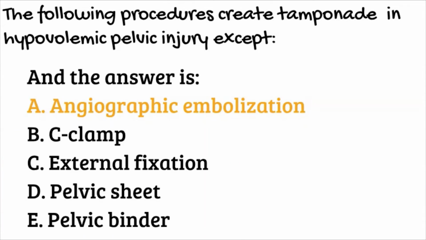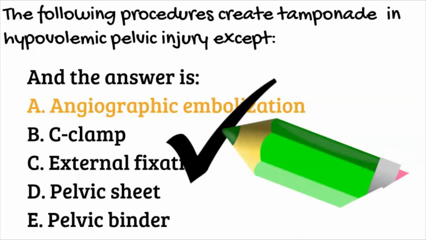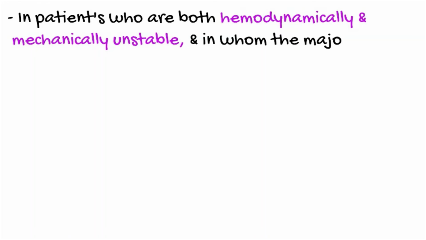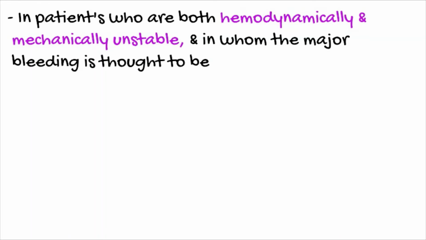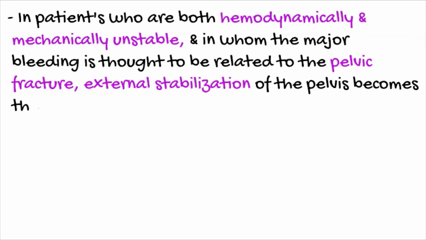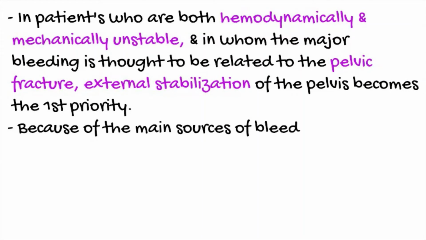Angiographic embolization. Now let's get to know a bit about each procedure. In patients who are both hemodynamically and mechanically unstable, and in whom the major bleeding is thought to be related to the pelvic fractures, external stabilization of the pelvis becomes the first priority.